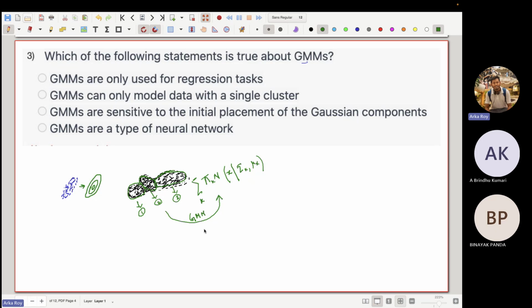Now the point is, given these particular statements, we have to understand what is the true statement regarding Gaussian mixture model. We already talked in the first slide that Gaussian mixture model comes under the regime of unsupervised learning. Unsupervised learning means you have only the data, you do not have the labels.